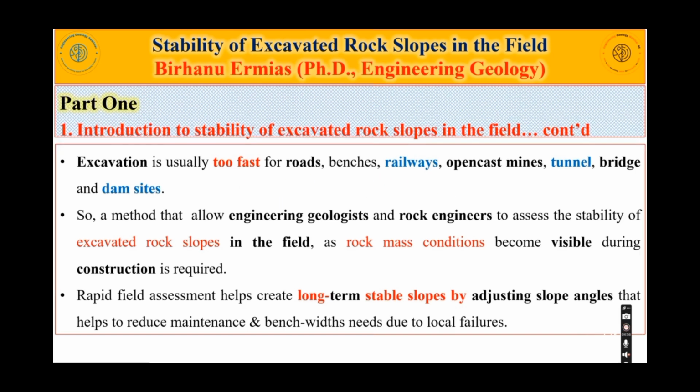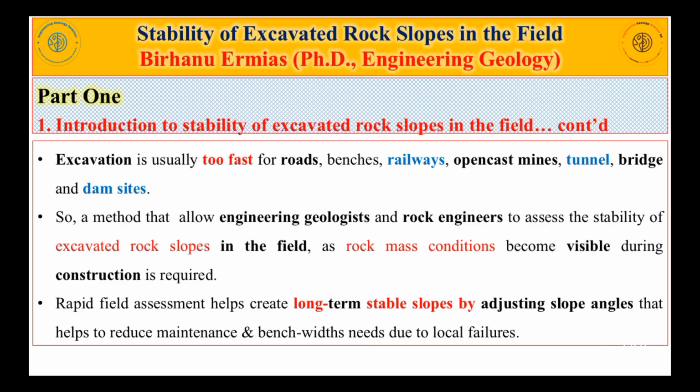So a rapid field assessment method is what is required, and this method must be able to help provide long-term stable slopes by adjusting slope angles, which helps to reduce maintenance and bench width needs due to local failures.